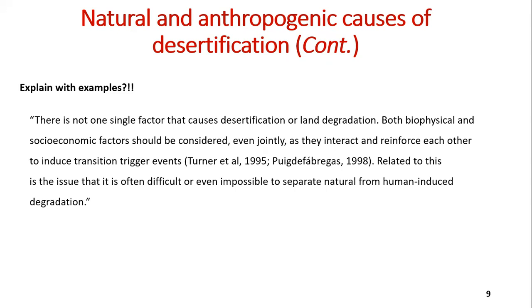Now, let me give you an example. If we look at climate change, climate change happens due to human activities. Now, if you have an area which is dry, with less vegetation cover, and there are some human activities, when you observe desertification and land degradation happening in this area, sometimes you cannot distinguish really what is happening here.